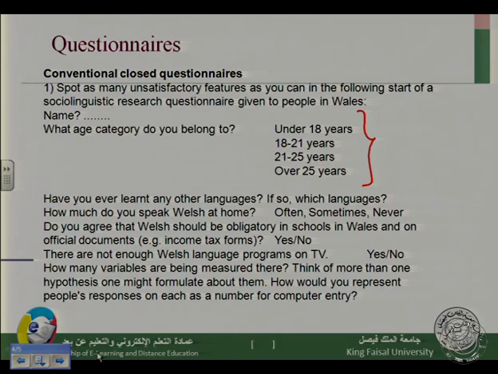Yes, no. There are not enough Welsh language programs on TV, yes, no. How many variables are being measured there? Think of more than one. A hypothesis, one might, how many variables? This is for us. So this is the start of the questionnaire, and here we have the set of questions. So starting with the name, do you see any problem?